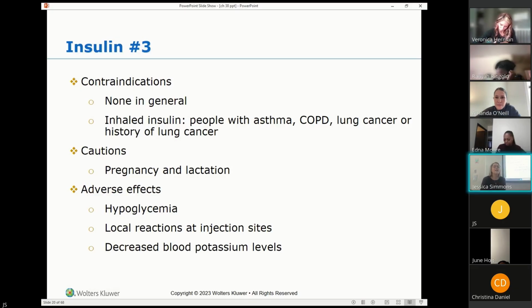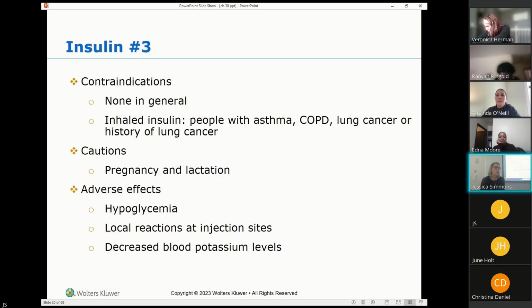Anything that you inject into your body, there is always going to be a risk of reactions at the injection site. And then decreased potassium levels. This is very important. I need you to understand this, not only for right now in this moment, but also when you get to me in complex care 1 and 2, okay? Insulin causes extracellular potassium to go intracellular.